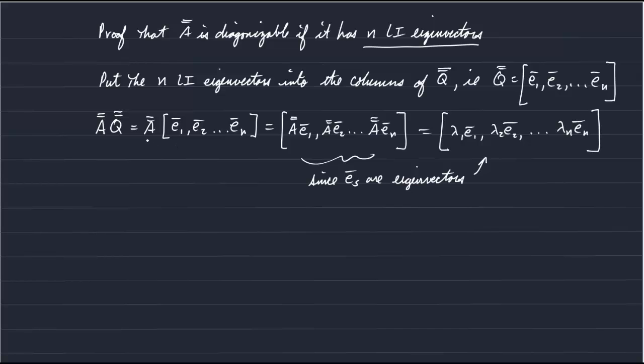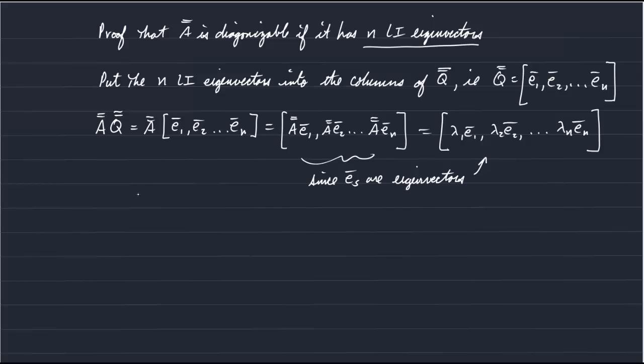So the product of A times Q in the first column is A times the first eigenvector, and that is equal to lambda 1 times the first eigenvector. Likewise, A times the second eigenvector is the second column of this product matrix, and that column is equal to lambda 2 times E2, and so forth.